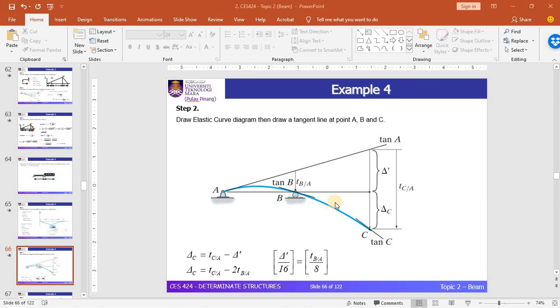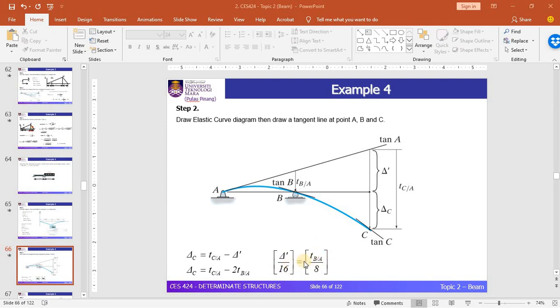Basically you can relate both of these triangles, and you can see that the equation is given by this one, where this is from the big triangle and this is from the small triangle.